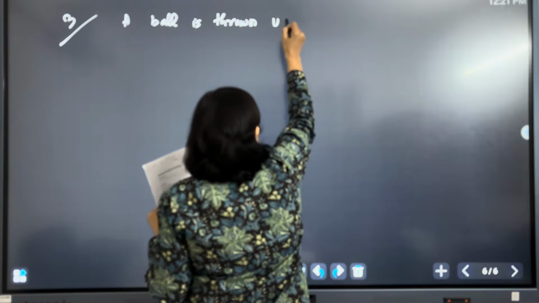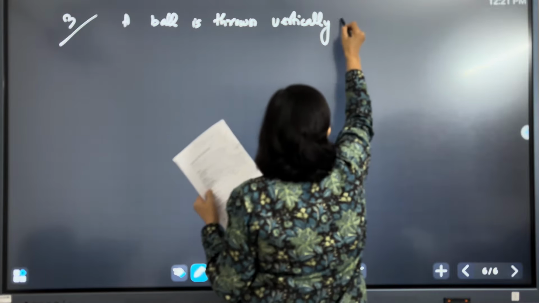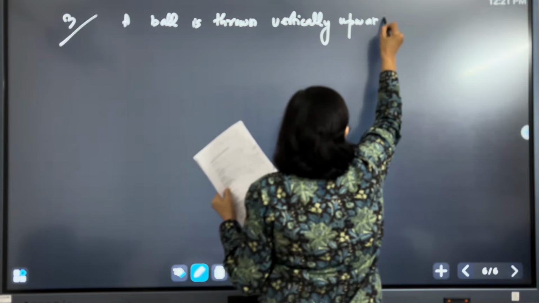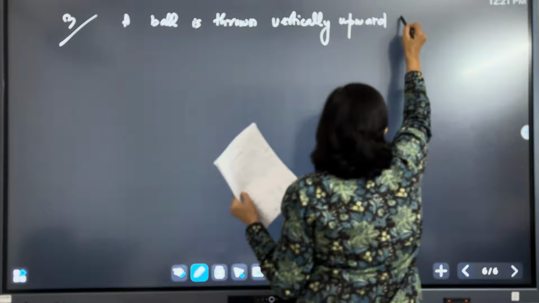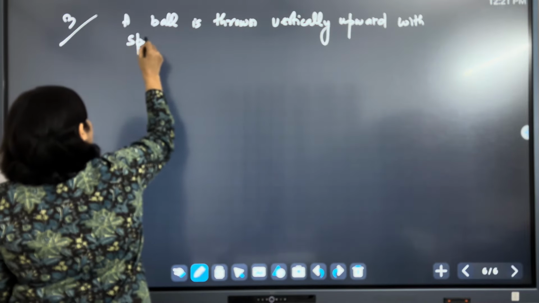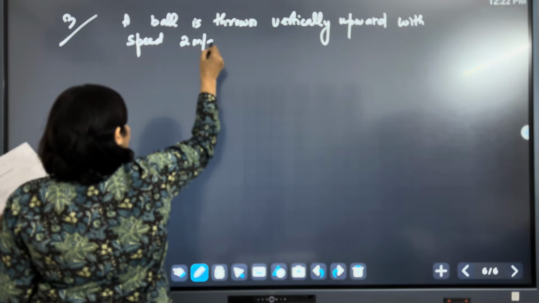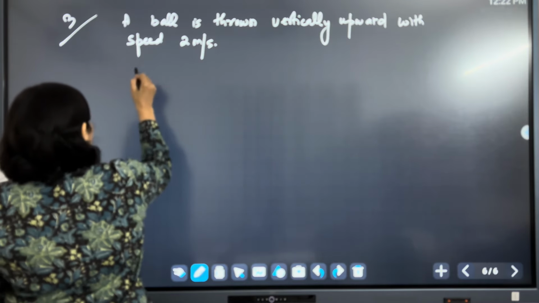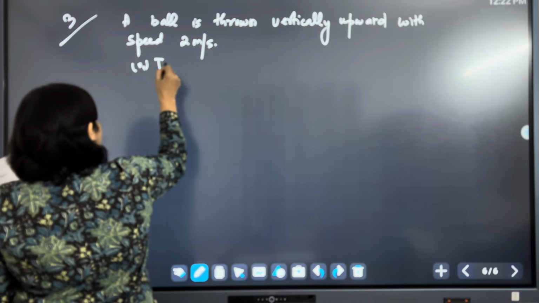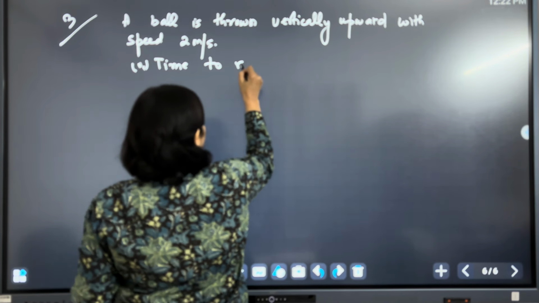A ball is thrown vertically upward with speed 2 meter per second. Okay, you have to find the time to reach the maximum height.